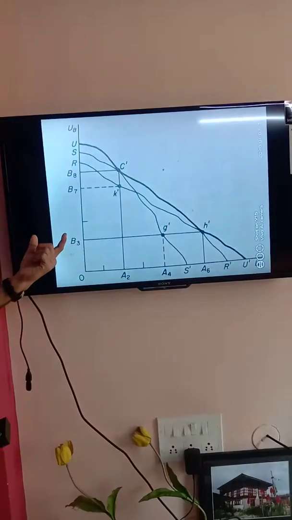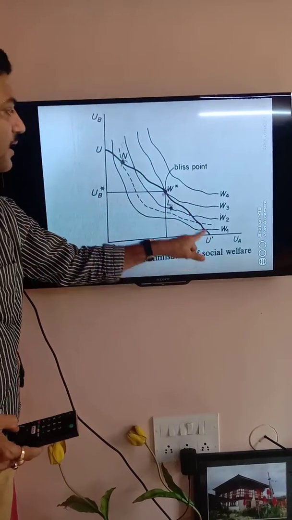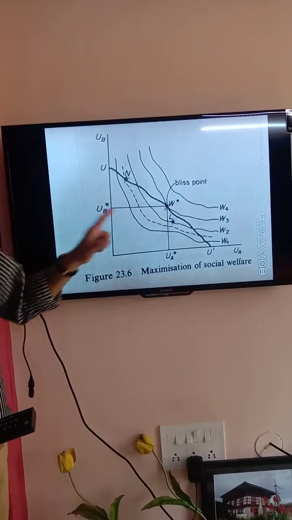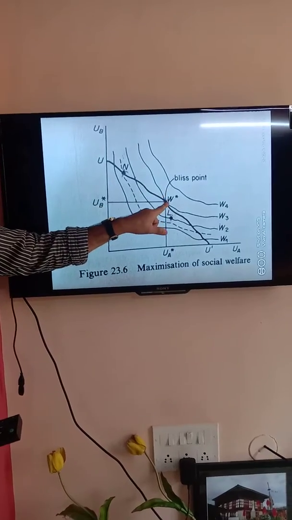Now, where is social optimality reached? When this GUPF is tangential to the highest attainable social welfare function. According to this diagram, W star is the point where social welfare is maximized.